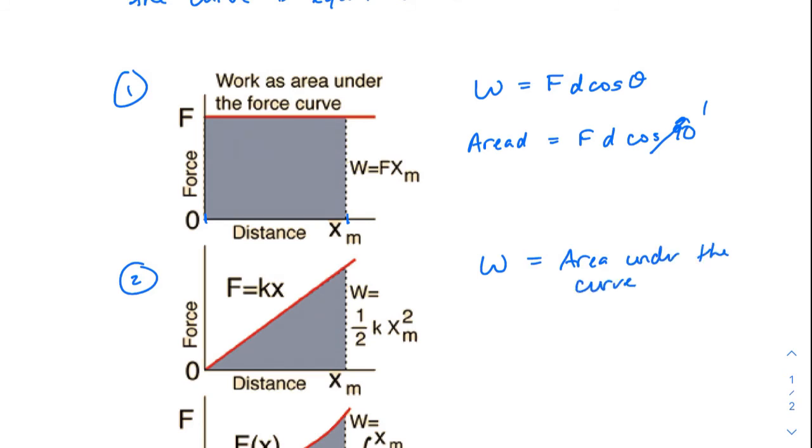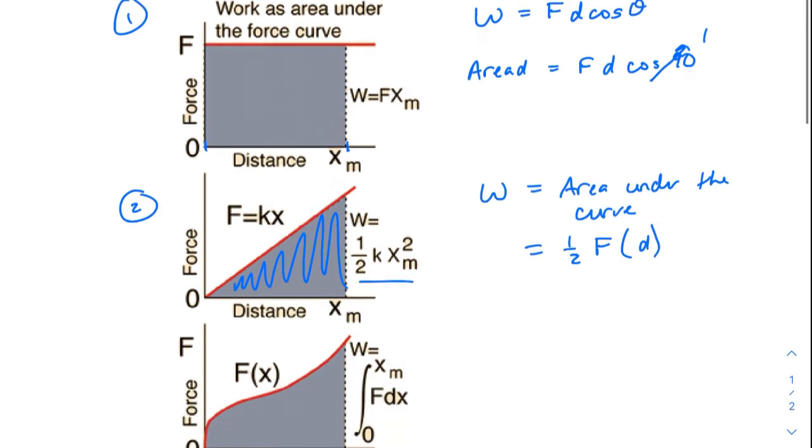In this case, it is just a triangle, like this area down here. And so we would just say that's equal to 1/2 my height, which is my force, times my distance. And in this case, if it's a spring force, that spring force is equal to kx, and that's where they get that 1/2 kx squared value.